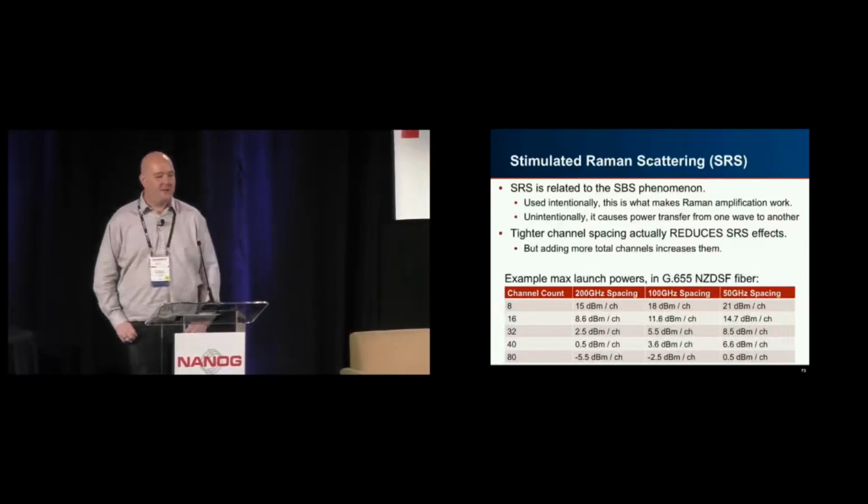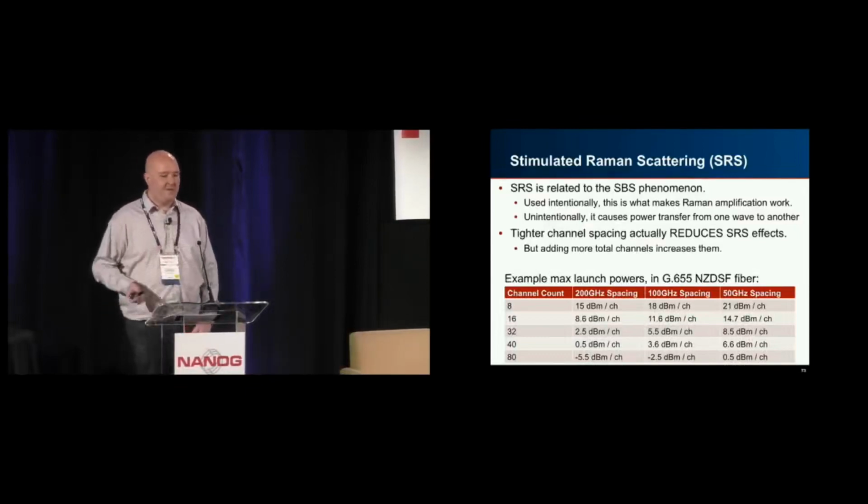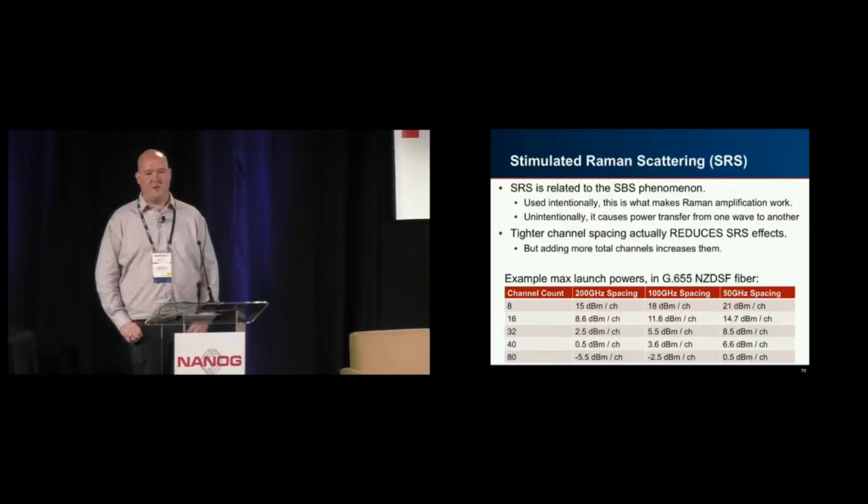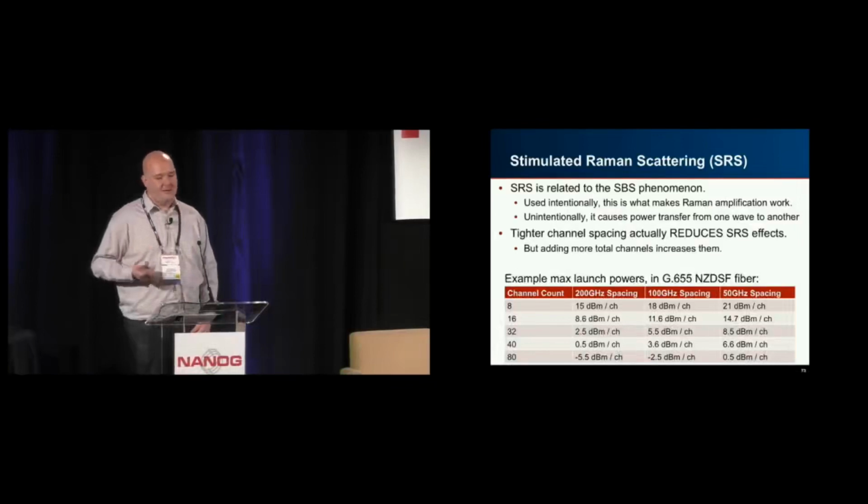Here are some example launch powers for different power levels, with non-zero dispersion shifted fiber being the worst case scenario. If you're trying to send 80 channels down a 50 gigahertz spacing system, you can only transmit 0.5 dBm per channel, and past that you're going to start to see impact due to SRS.